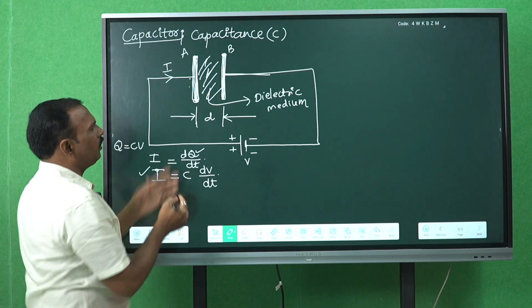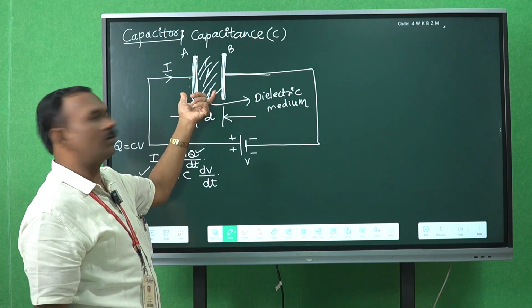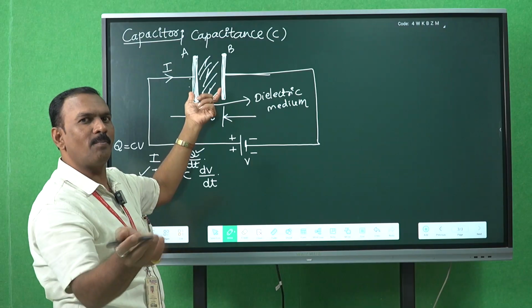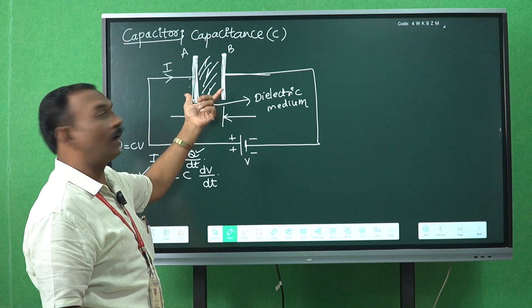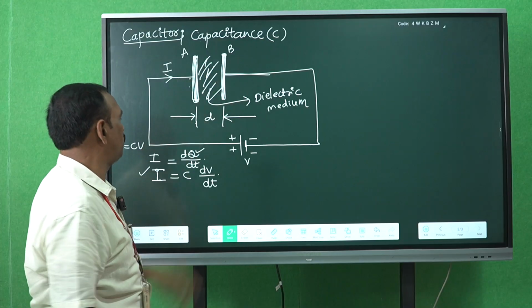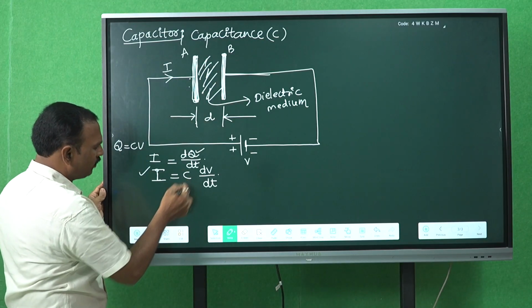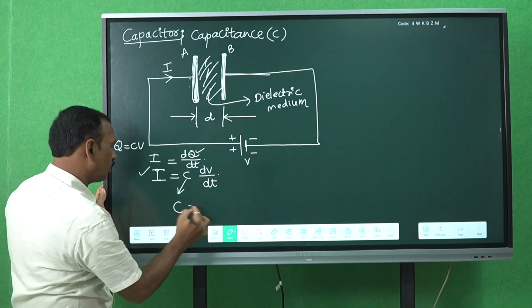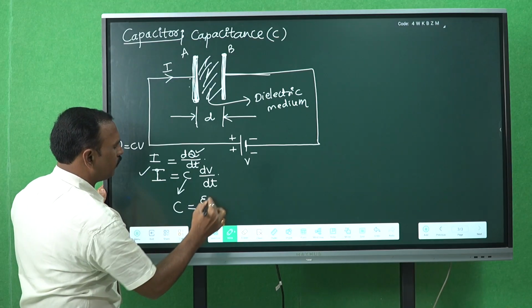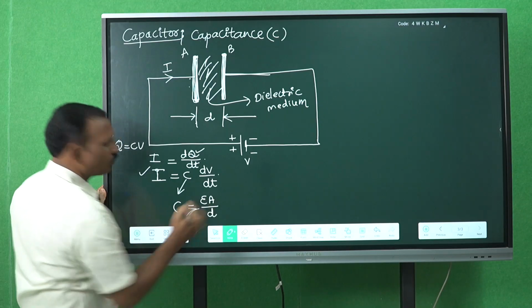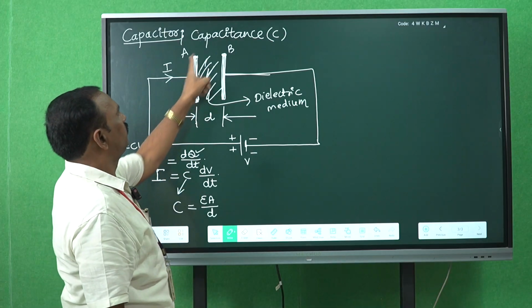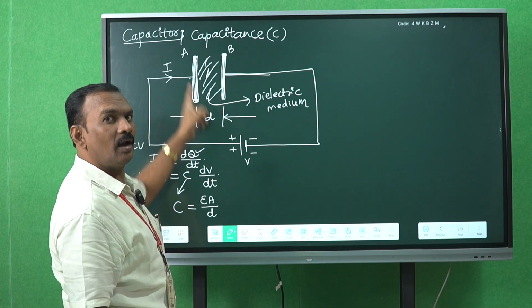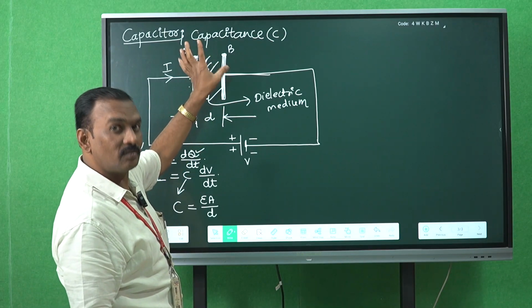Now these two conducting electrodes are made of some constant material, so the electrode material is also constant. What is the capacitance C? C is equal to epsilon into A by D. This epsilon belongs to the material used to make these electrodes.